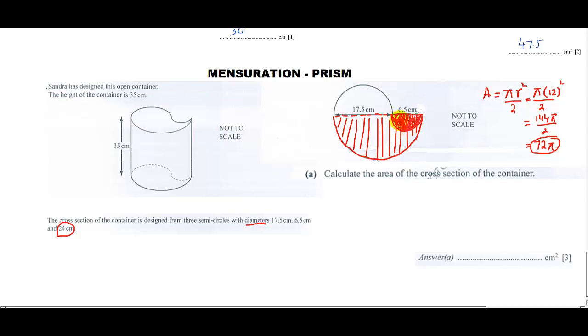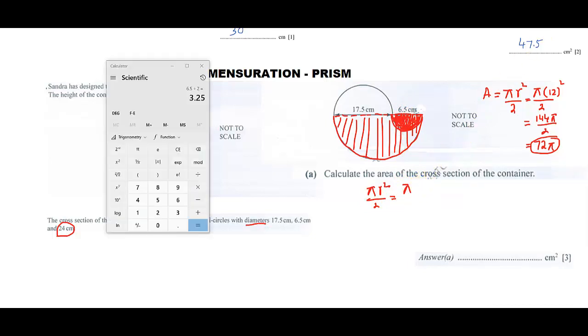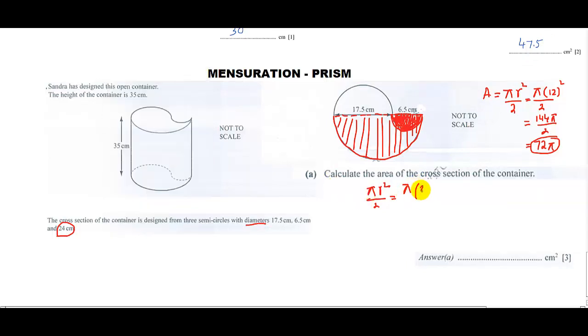So this small semicircle, the area is pi r square over 2, and 6.5 is the diameter. So the radius is 3.25. So 3.25 square and divided by 2.